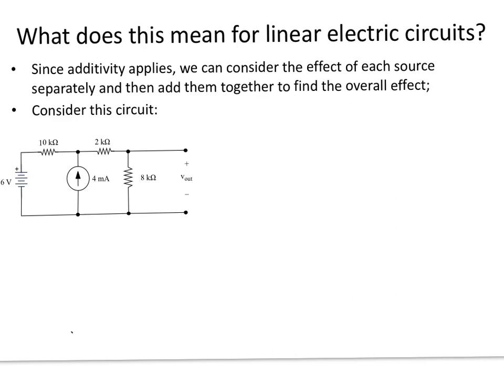And so the question is, how do we turn off the other sources? Let's take a look at this little circuit over here, and we want to first consider the effect of the 4 milliamp source only. Remember that a short circuit has a 0 voltage drop across it.